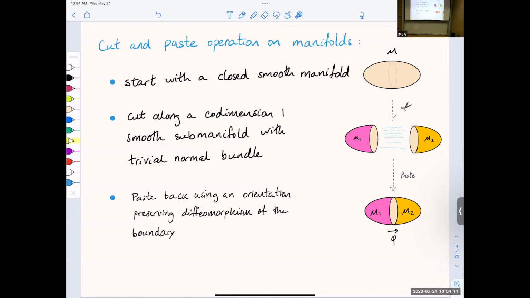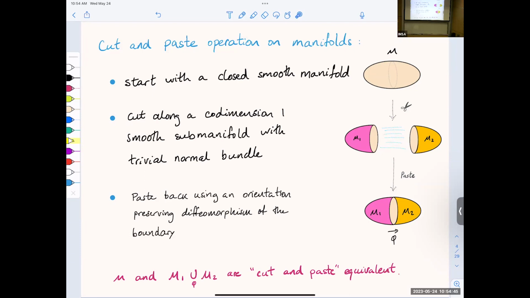The point of that is that later on we're going to want to paste along those boundaries. You do want to be able to paste via some diffeomorphism, and you want to be able to do that smoothly. That's why you need a trivial normal bundle. So choose your manifold, choose a codimension 1 submanifold with trivial normal bundle, do the cutting, and then glue back those boundaries via some diffeomorphism.